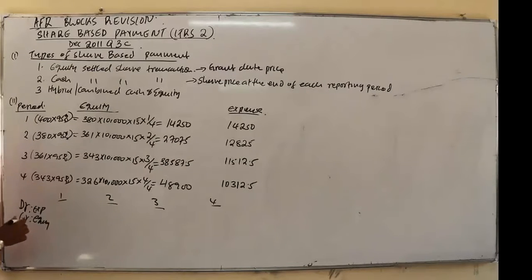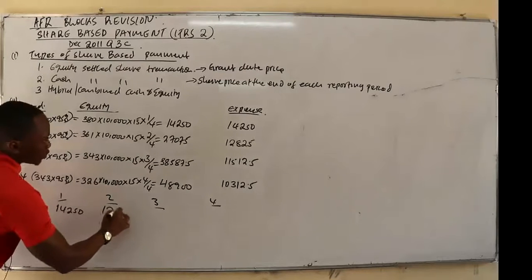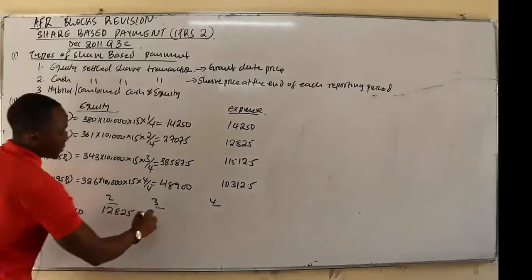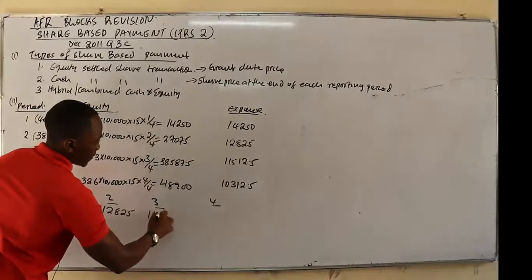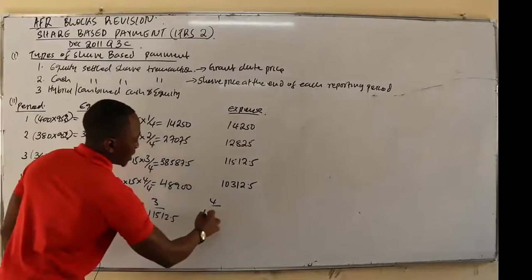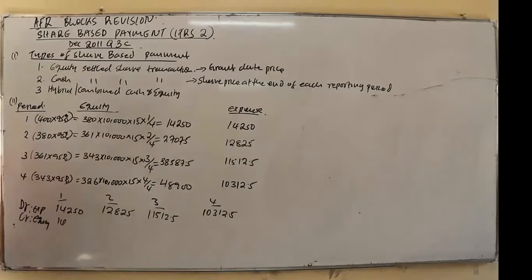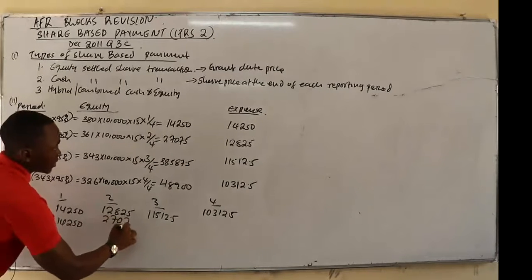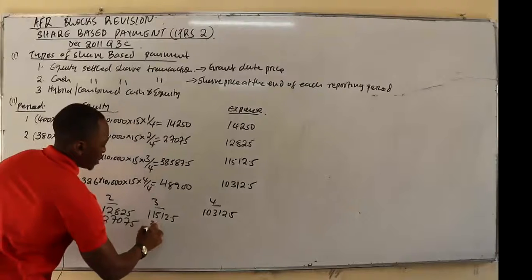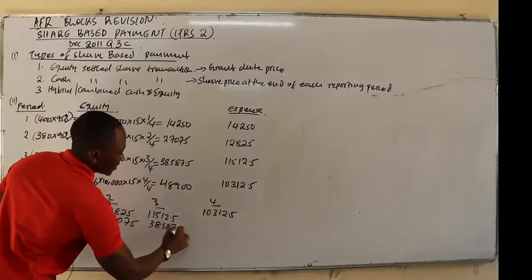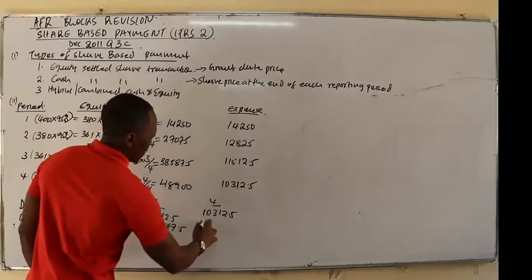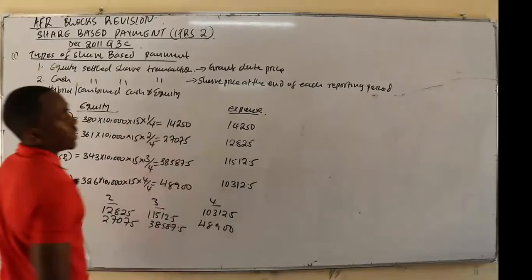So expenses to the income statement, you take 14,250 in the first year, 12,825, 11,512.5, and 10,312.5. To the equity, you take 14,250, 27,075, then 8,587.5, 48,900.